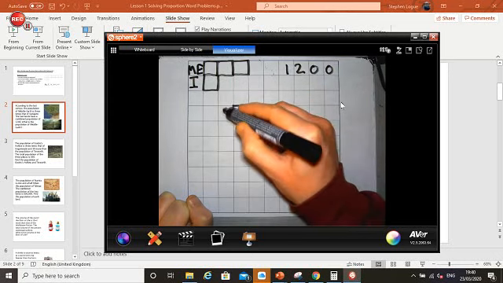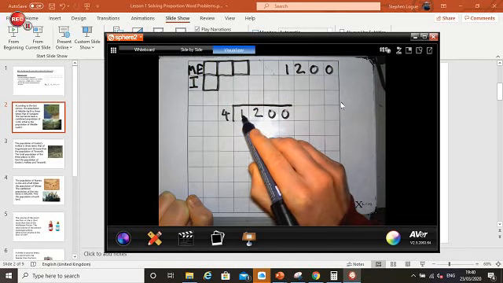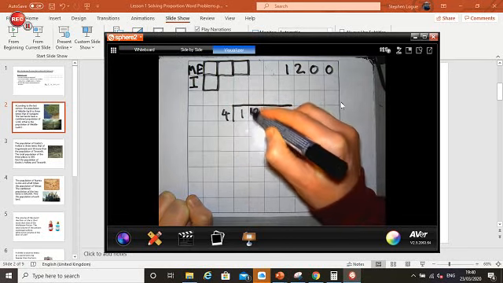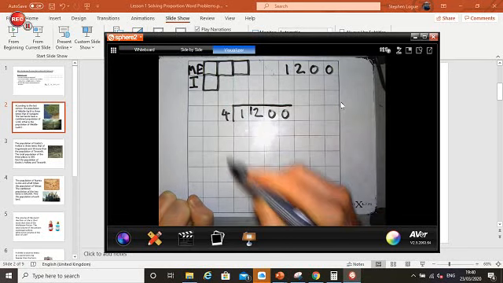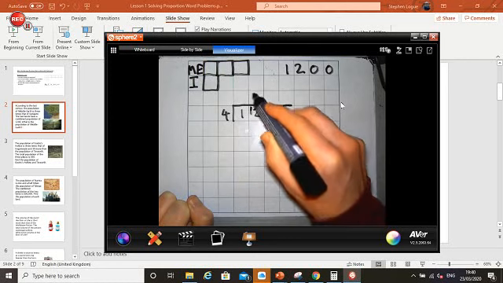Well, 3 times 4 is 12, so 12 divided by 4 must be 3. 4's into 0, 0. 4's into 0, 0. That means that in each one of these parts, 300.